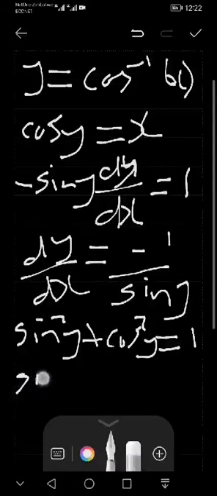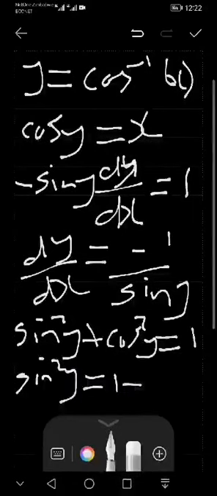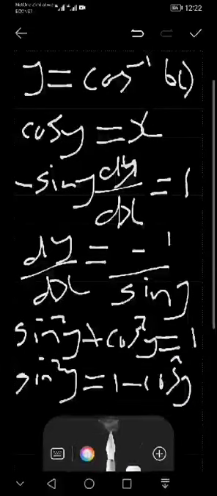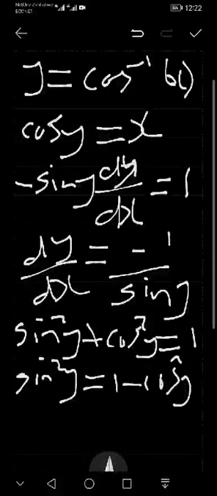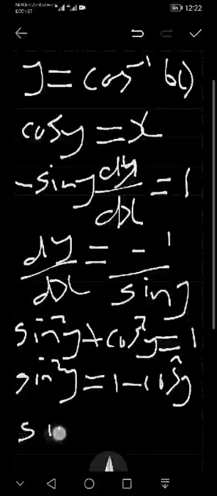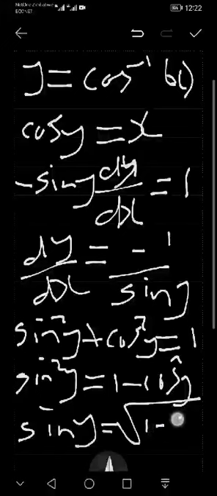So this will be sine squared y equals 1 minus cos squared y. Okay, so from this I can now say sine y is equal to the square root of 1 minus cos squared y, right?